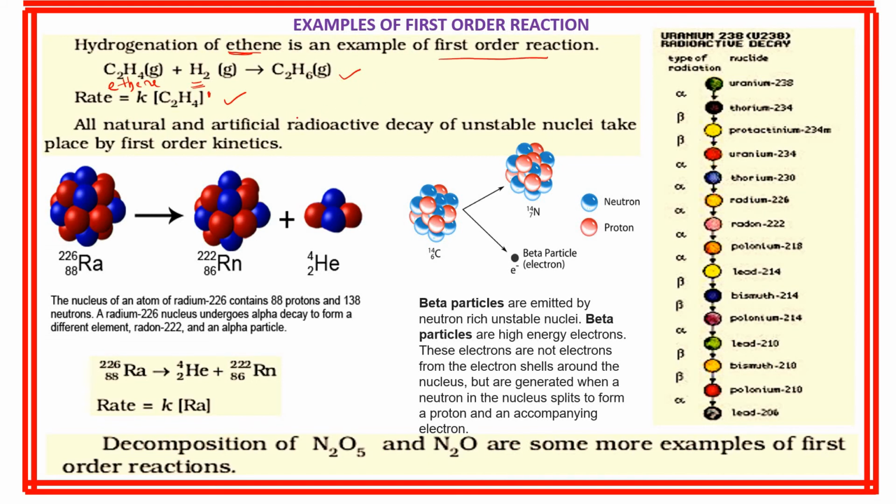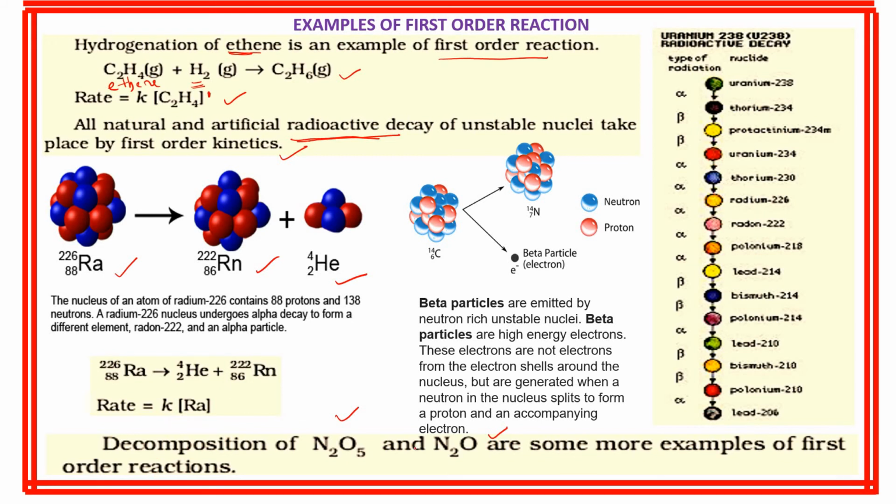And one more example we can take: all natural or artificial radioactive decay. That means radioactive disintegration reactions come under first order reaction. Take an example, radium undergoing disintegration. This is a first order reaction. Similarly, decomposition of N2O5 also comes under first order reactions.